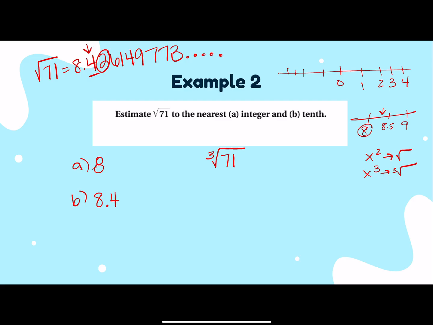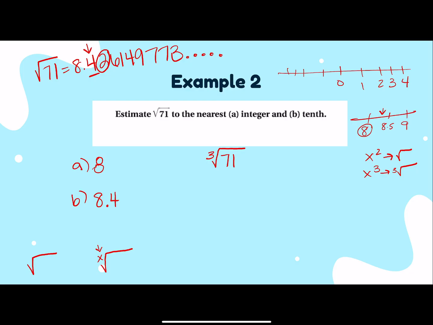This is a button on the calculator just like square root. If you look at your calculator, this button is what we've been using. It's the square root. But above that, in green or in yellow, depending on what your calculator looks like, there is a button that looks like this, and it has a little x out in front. That means that I can take any other root that I want.